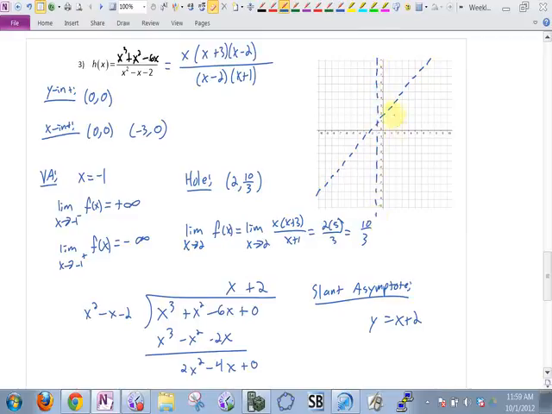A hole at 3.3-ish. X and y intercept at the origin, -3. So you follow along the slant asymptote, cross through that x-intercept, go up the vertical asymptote, going down the right side of the vertical asymptote, through the origin, jump over that hole, and there you go.